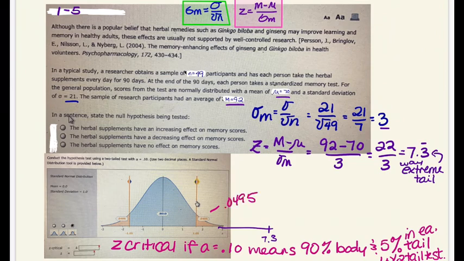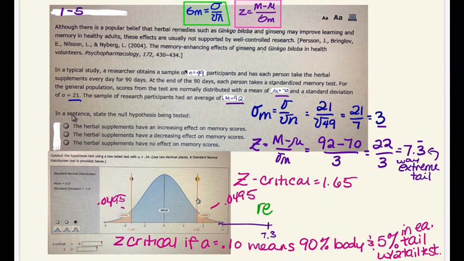Then you have to take a look at the z that you came up with and determine if it's in a tail or not. So in a one-tail test, your whole 10% will be in one tail, but in a two-tail test, your 10% will be divided by 2, and 5% will be on each side.